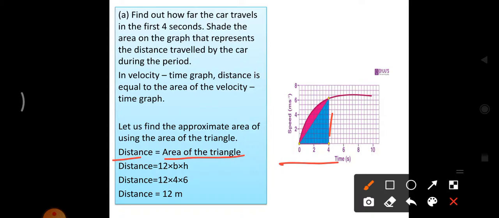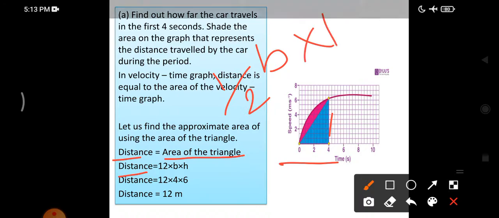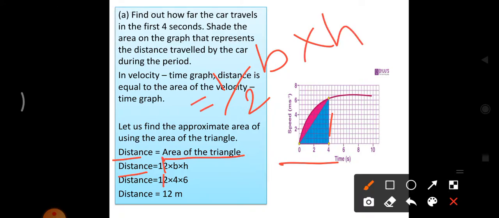Distance equals the area of the triangle. So distance equals half b into h, that is 1 by 2 times b times h. The value of b is 0 to 4, so 4. The value of h is 0 to 6, so 6.